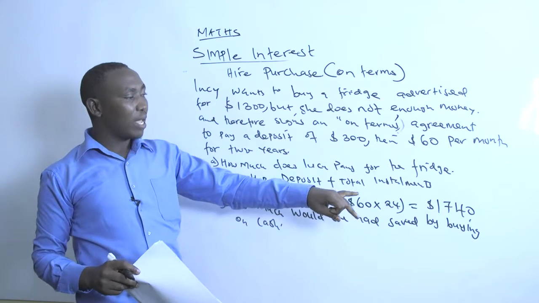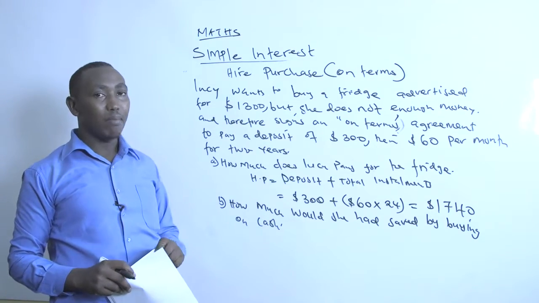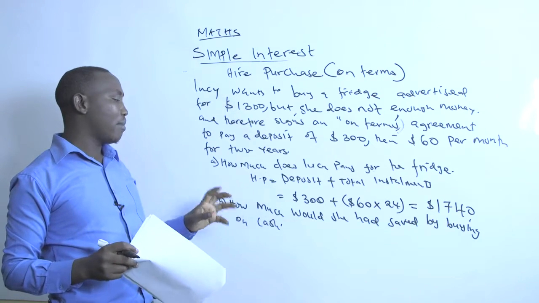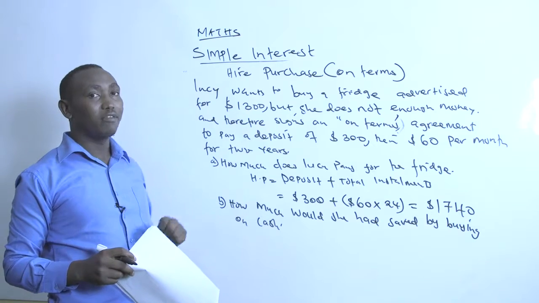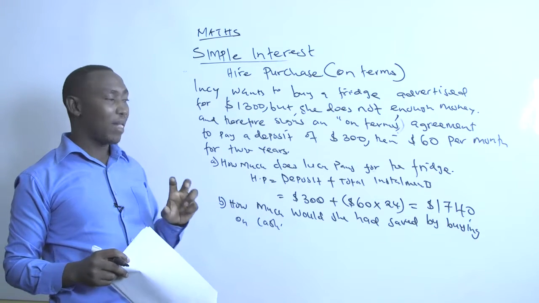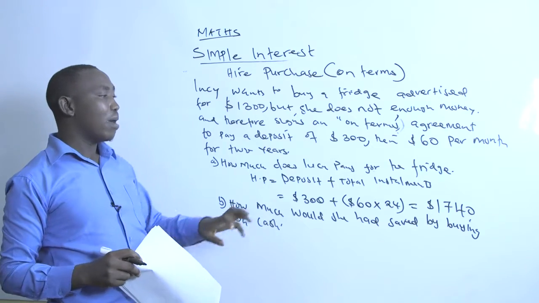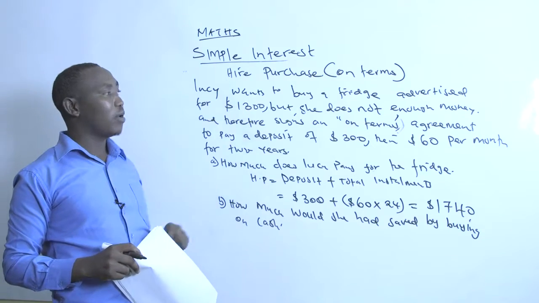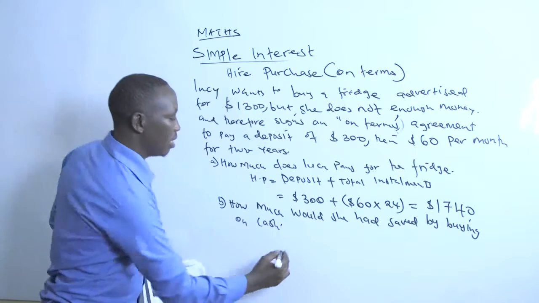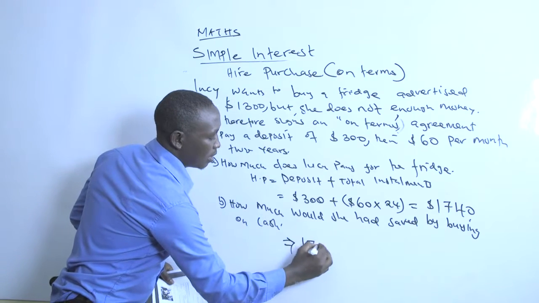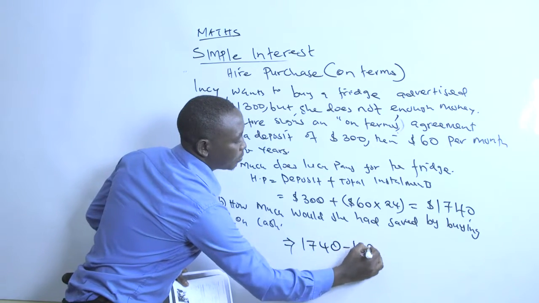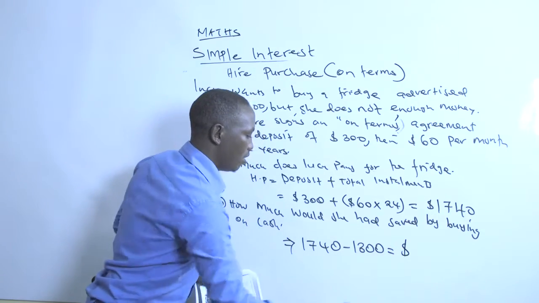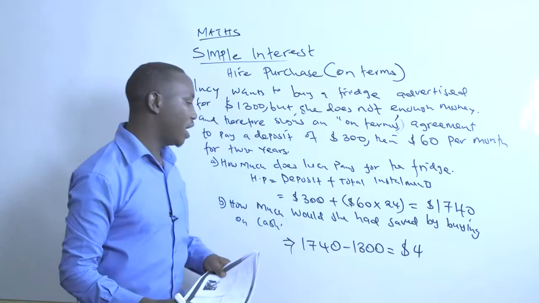But by paying $1,740 on hire purchase terms, there's an excess amount which Lucy could have saved. We can get that amount by taking $1,740 subtract the $1,300, which will give us a total of $440.